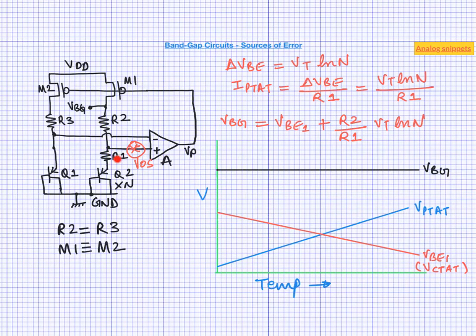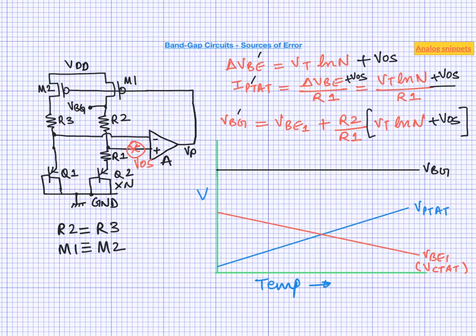Now if we consider every other component to be ideally matched, then this VOS comes in series with delta VBE. So basically amplifier action equalizes VBE1 with VBE2 plus delta VBE plus offset voltage. So we can basically modify these two equations. So this input offset creates an error in PTAT current and in turn it creates error in VBG voltage.